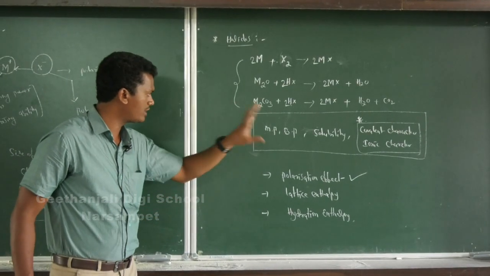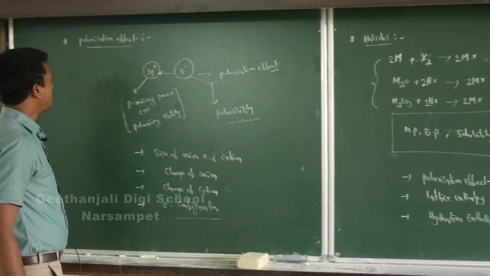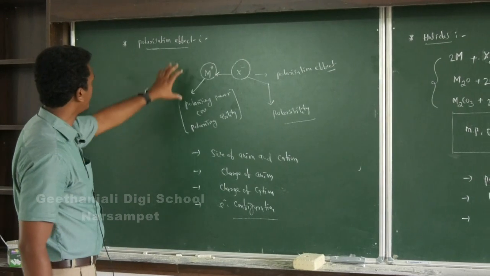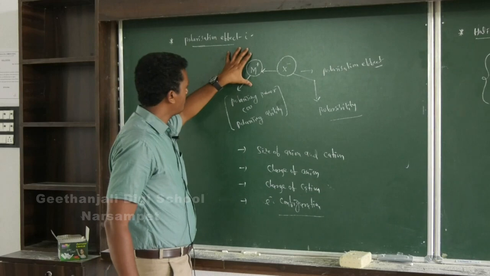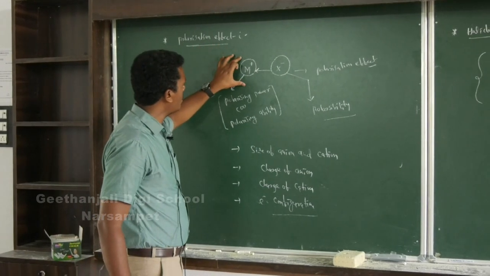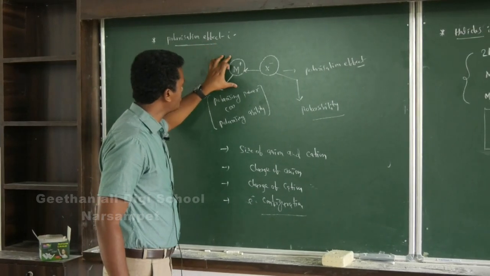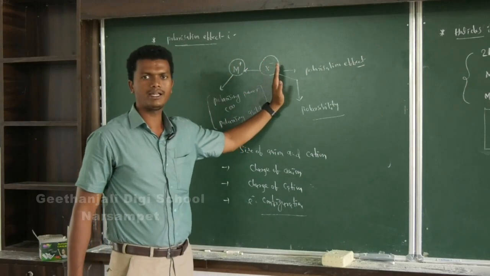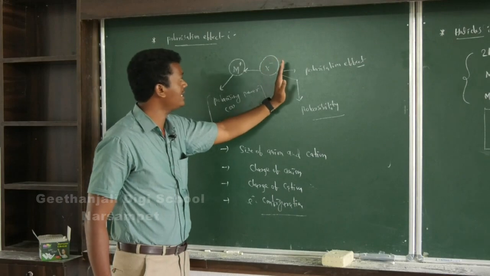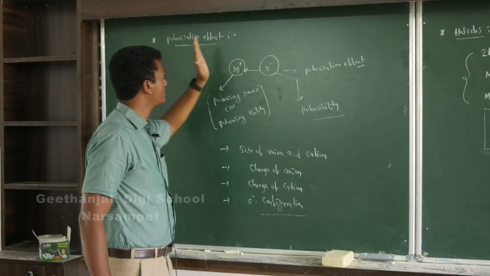Before we go to that concept directly, let me explain the polarization effect briefly. What does polarization effect mean? When the metal ion of one MX type of halide approaches the halide ion X minus, it distorts the electron cloud of this anion towards the metal ion.